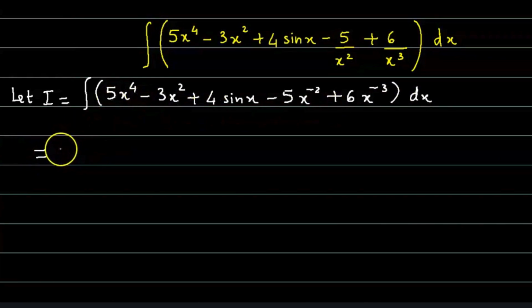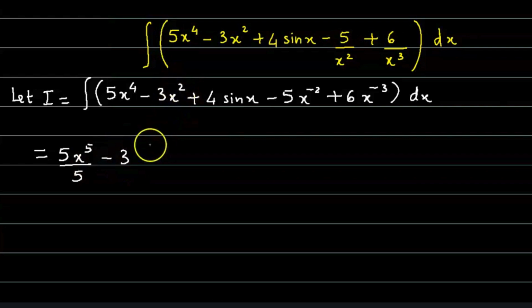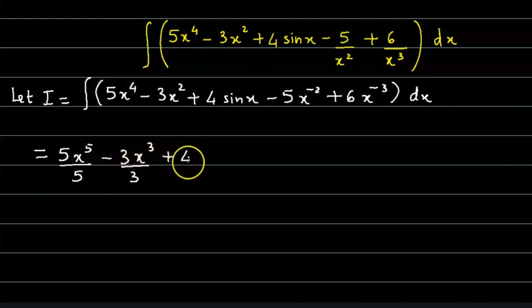So 5 is the coefficient. So 5 times, now integration of x raised to 4 is x raised to 5 upon 5 minus 3 times, now integration of x square is x cube upon 3 plus 4 times integration of sin x is minus cos x minus 5 times integration of x raised to minus 2.